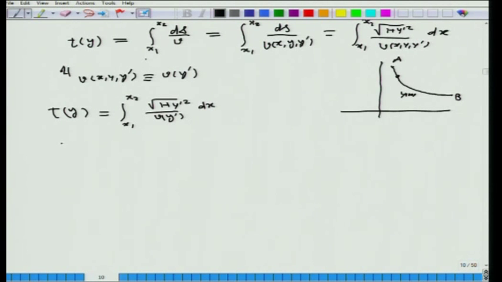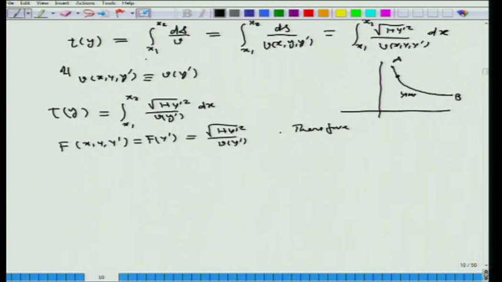So, here again f, which in general is a function of x, y, y prime, is a function of y prime only, which is nothing but square root of 1 plus y prime square over v of y prime. So, in this case, therefore, the extremal will be a straight line.